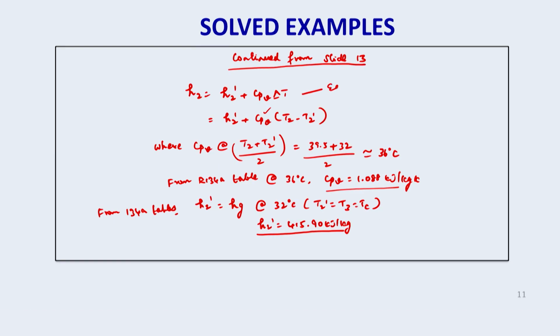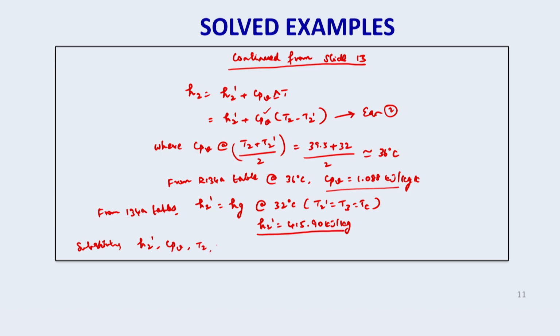Let this be equation number 2. Substituting H2 dash, Cp of vapor, T2 dash and T2, because T2 dash is given in the problem.